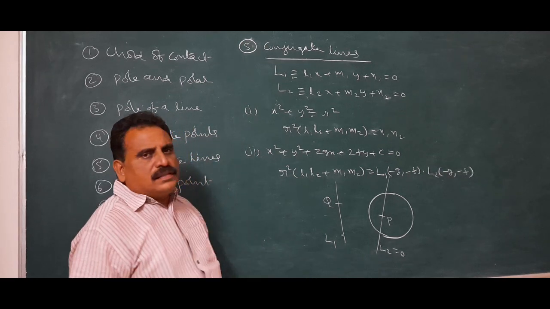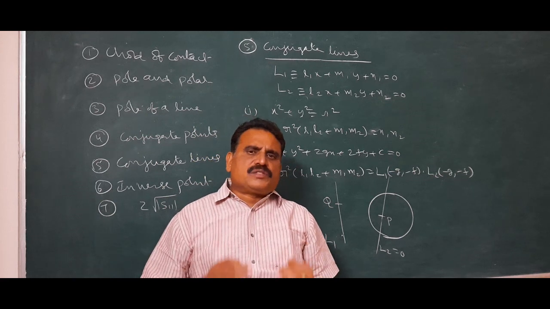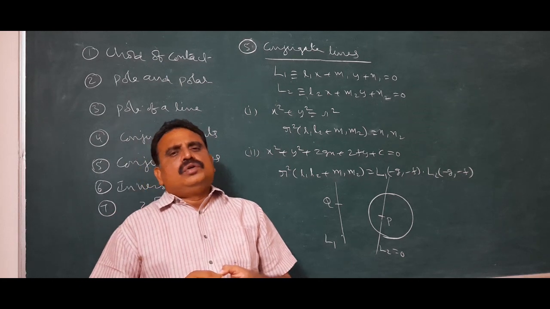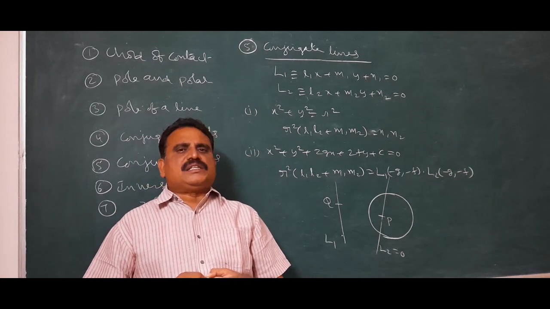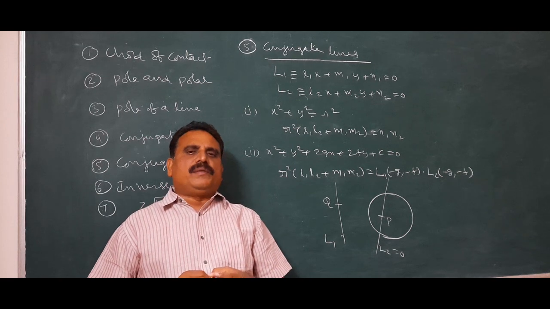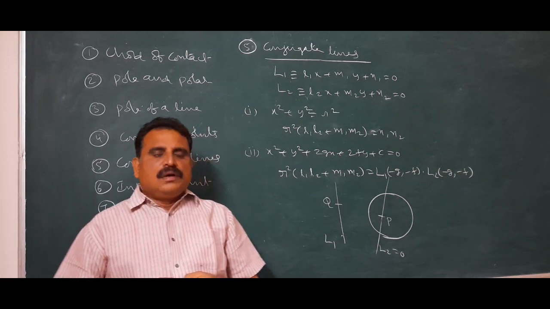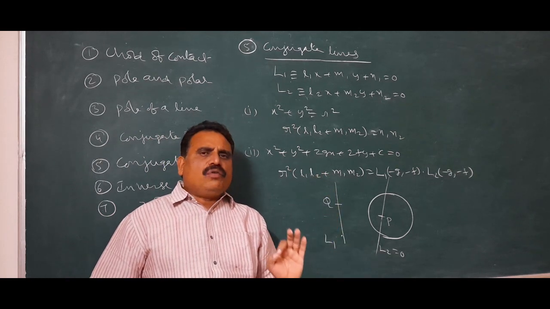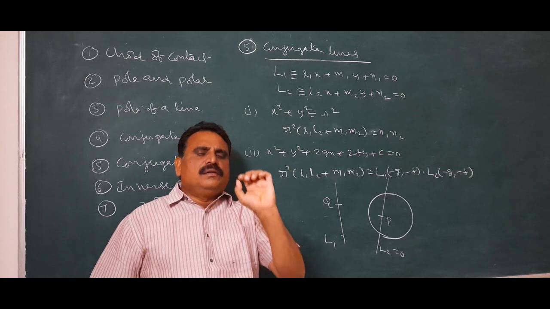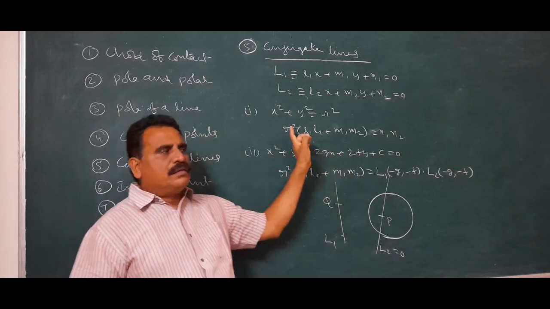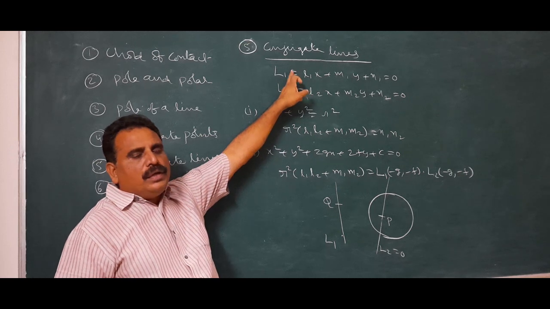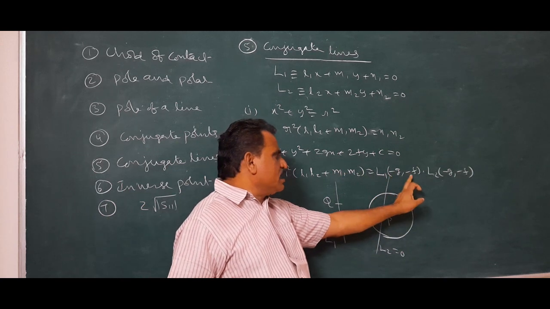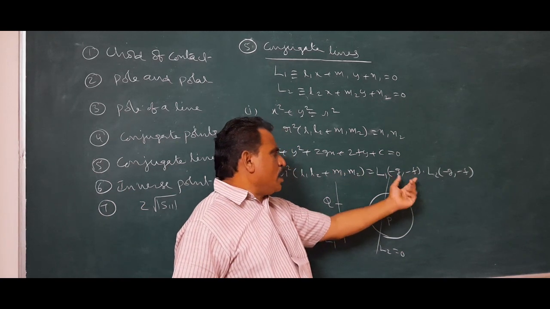Now, if the circle is x square plus y square plus 2gx plus 2fy plus c equal to 0, what is the condition for two lines L1x plus M1y plus N1 equal to 0 and L2x plus M2y plus N2 equal to 0 to be conjugate? It is r square into (L1 L2 plus M1 M2) equal to, just we have to substitute the center of the circle, minus g, minus f, in L1 and L2.